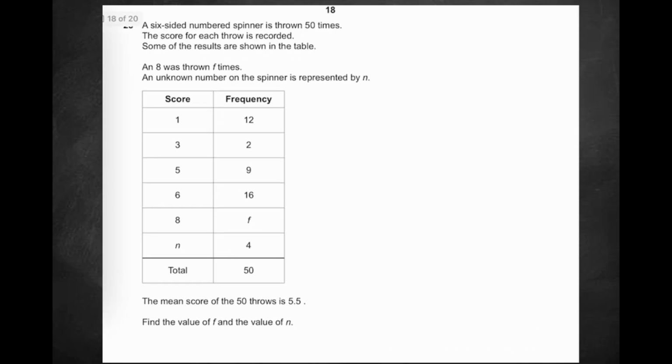So, we know the mean is 5.5, so we're going to say total divided by 50 equals 5.5. Therefore, the total is going to be 5.5 times 50, 275.